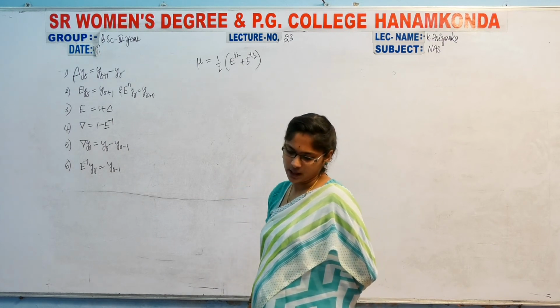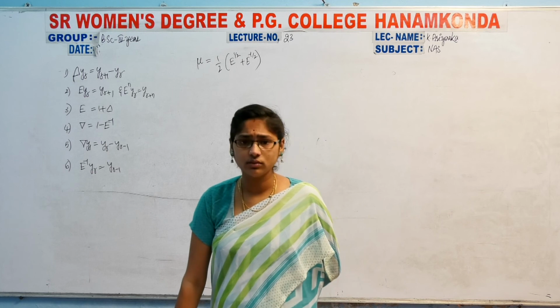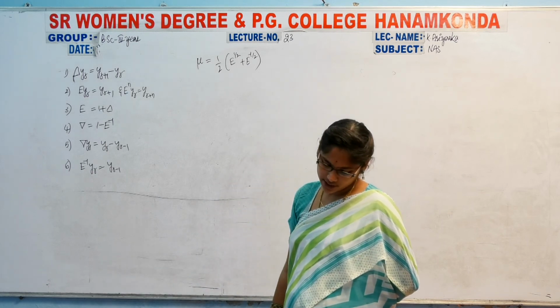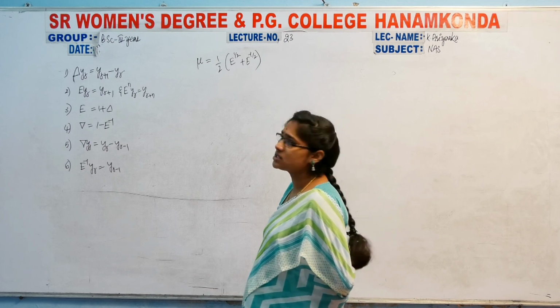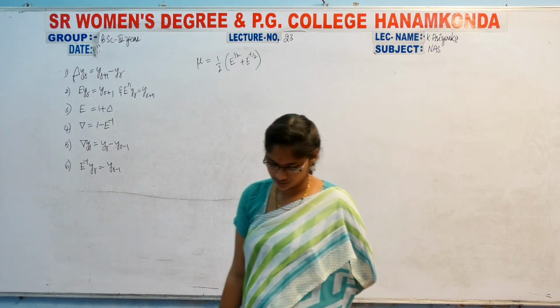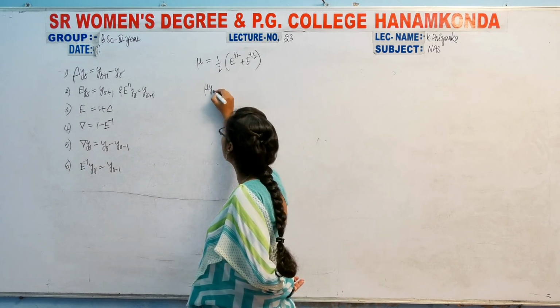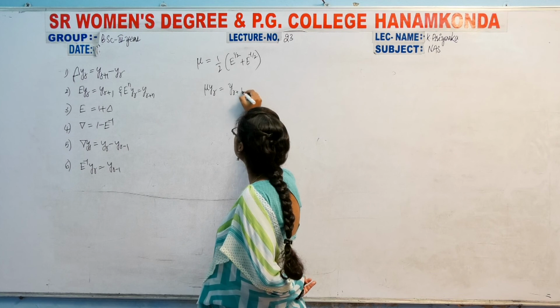Right. Here what is the mu? Mu is nothing but averaging operator. Now write down here mu is averaging operator, and we know that mu y r is equal to y r plus 1 by 2.